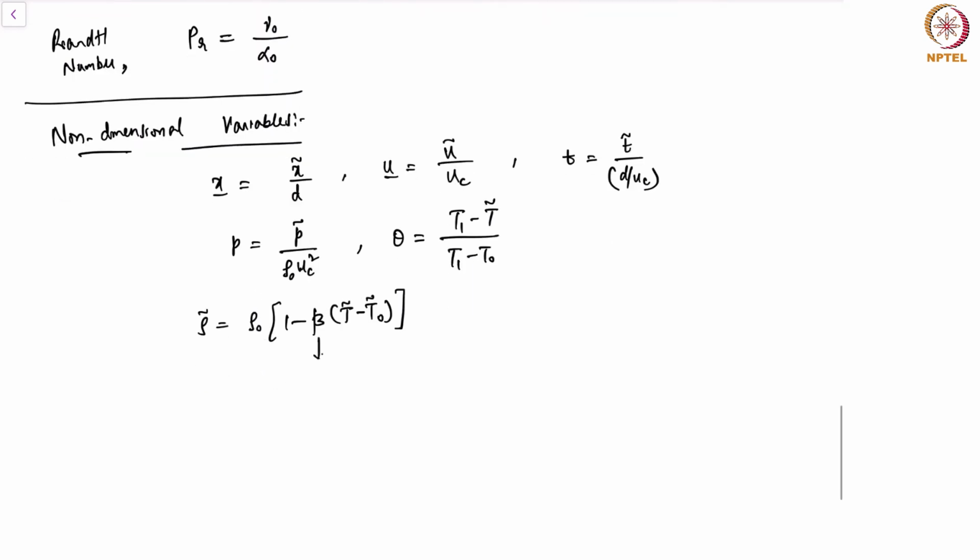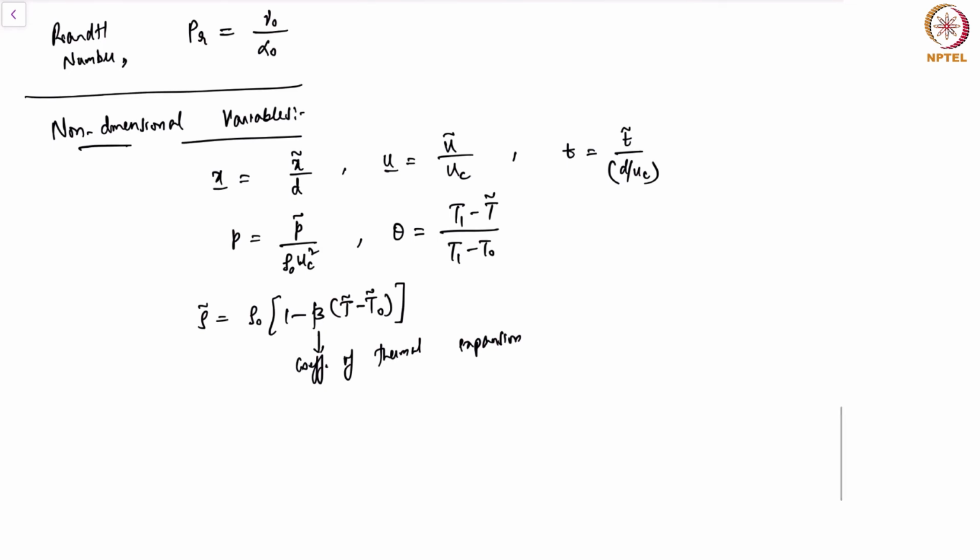This beta is called the coefficient of thermal expansion. So if the fluid locally expands because of heating, a local increase in temperature, then the local density would decrease. And the sensitivity of the density field to the temperature field is given by this parameter beta.